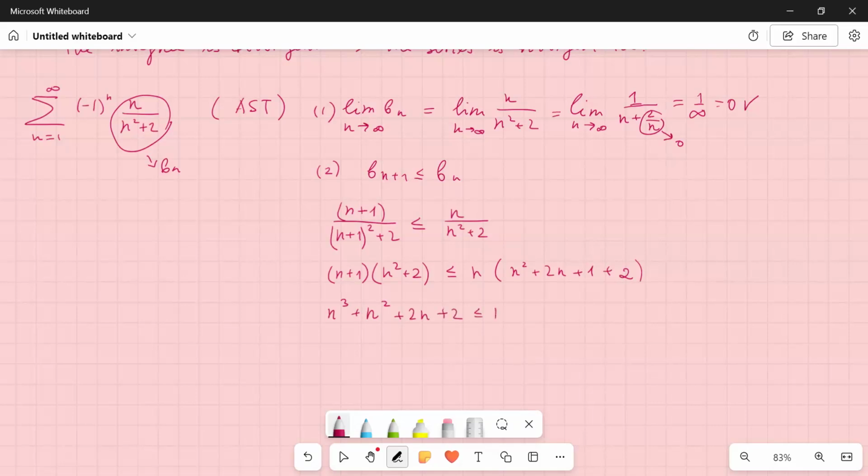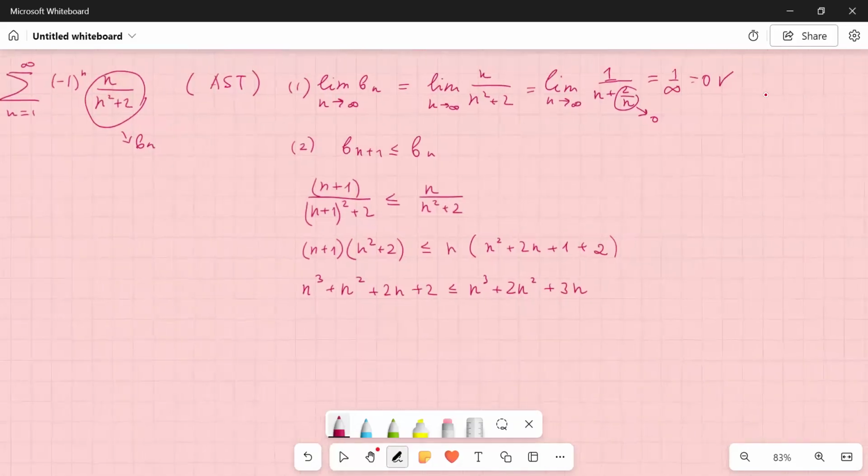Less than or equal, opening here is going to give me n cubed plus 2n squared plus 2n. I think I'm going to add up 1 and 2, so it's going to be 3n actually. 1 plus 2, 3n.